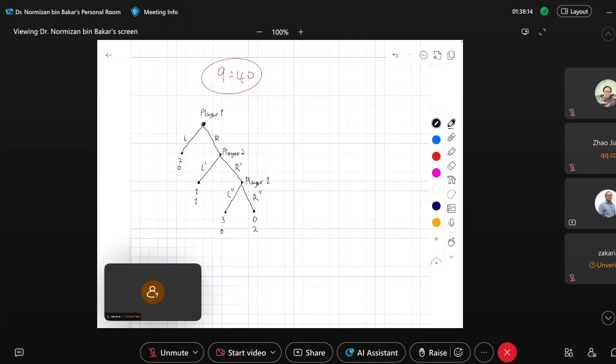Player one will choose L double prime because he has a better payoff. Then after that, player two will choose L prime since he knows that L prime is better than L double prime.